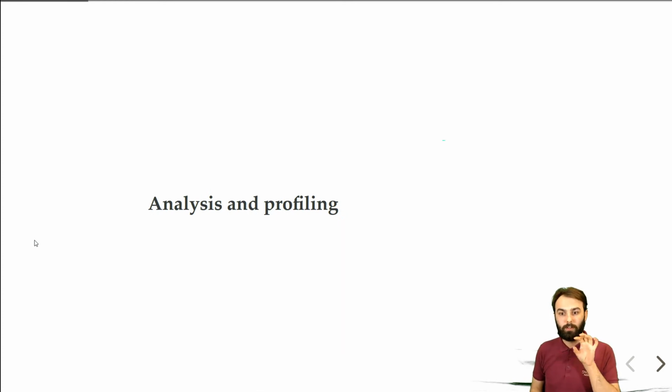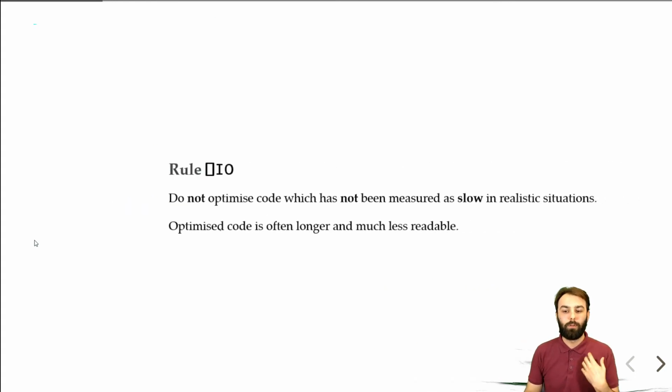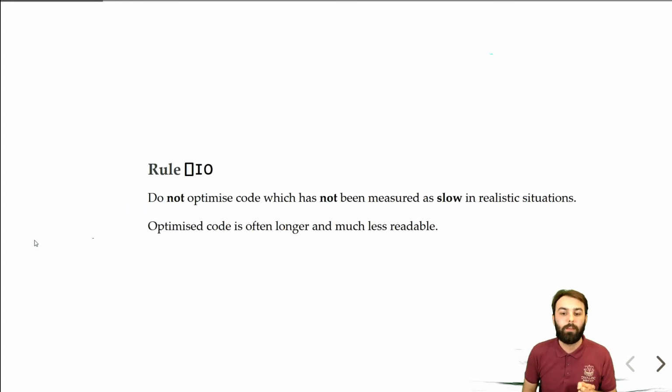So I'm going to look at a couple of very trivial examples to show you the profiling tools to start with. But before that, I want to address the first rule of fast APL, which is that you should not try to optimize code which isn't proving to be slow in realistic situations.